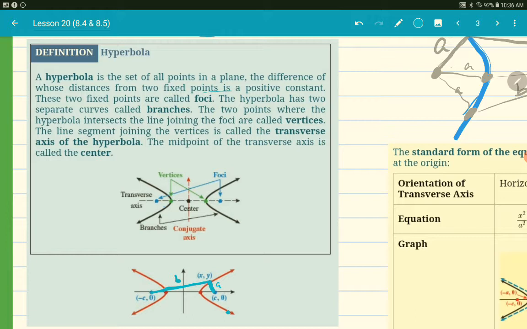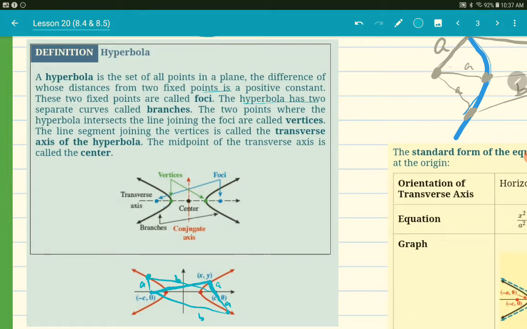So that A and B difference will be equal to that first one, which will be equal to this one. I have a tack at each focus and a string going from the foci to any point on the curve, where the difference between those two string segments is equal.